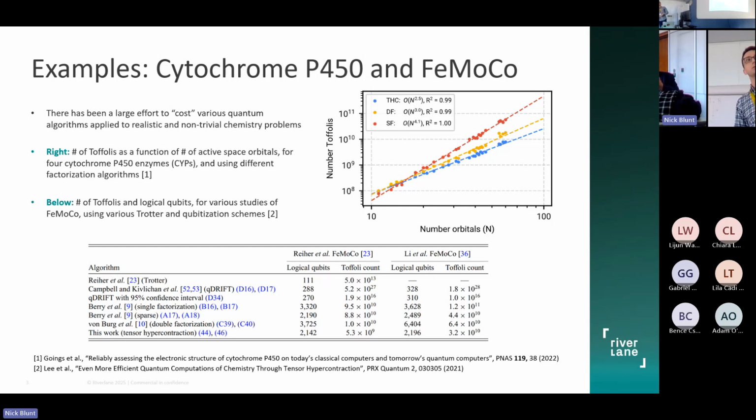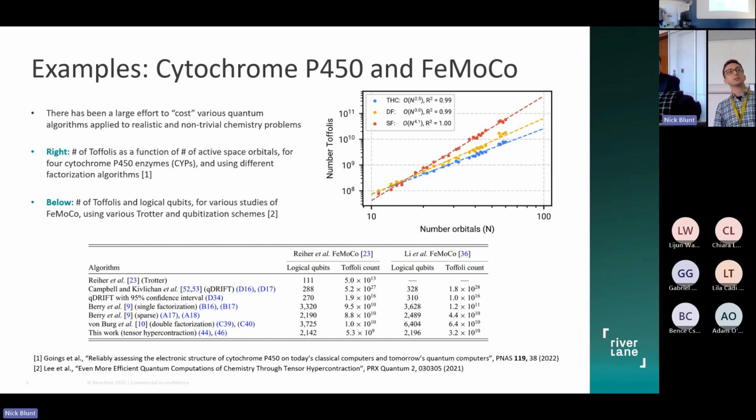But again, to look at something non-trivial with kind of 40 or 50 orbitals, you need again about 1 billion Toffolis. And then FeMoco has been another kind of classic case study. And so this is a table summarizing various results. So the top result is, again, using trotter methods, and they say you need something like 5 times 10 to the 30 Toffoli gates.